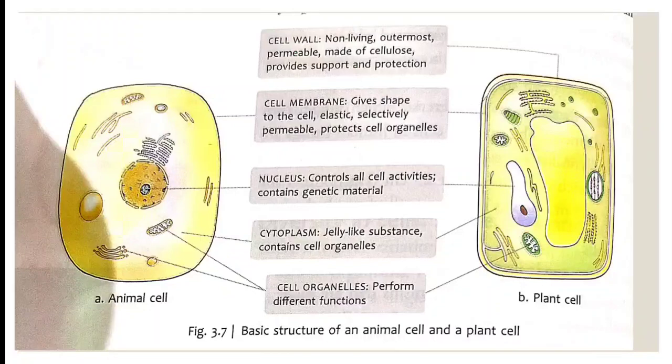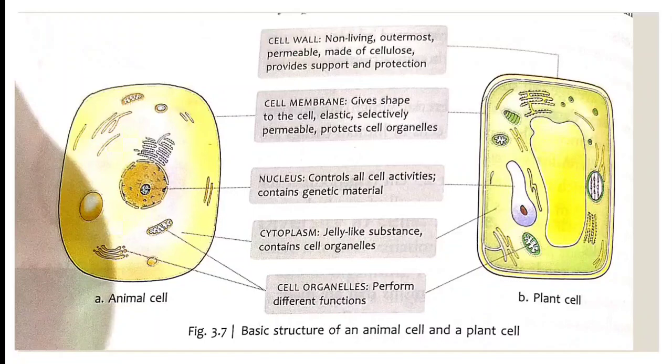If you look in this diagram, there are two types of cell represented over here. One is animal cell and one is plant cell. And both the cells are of similar structure. That is, they are looking like a container.